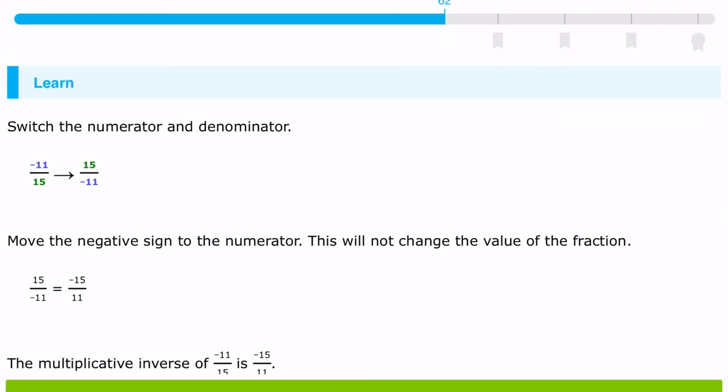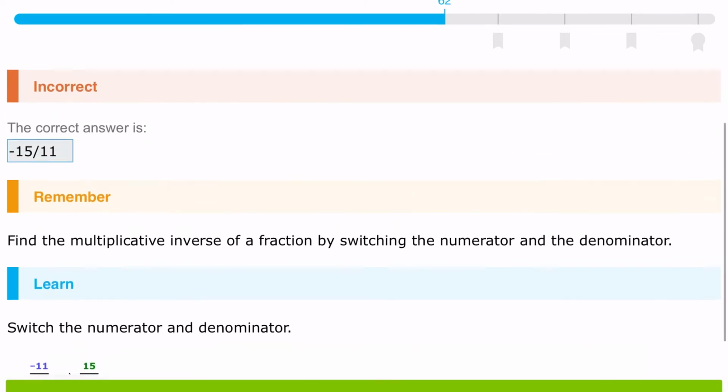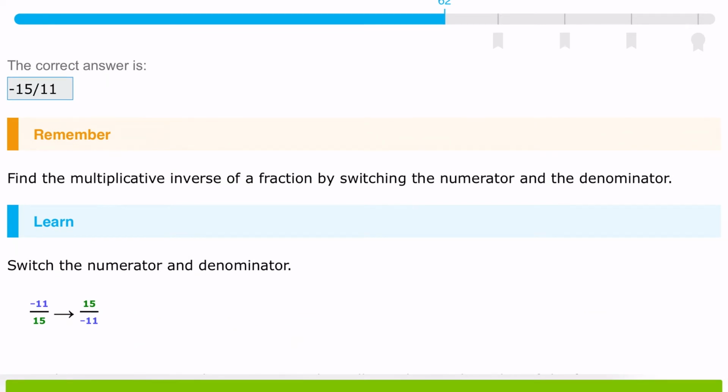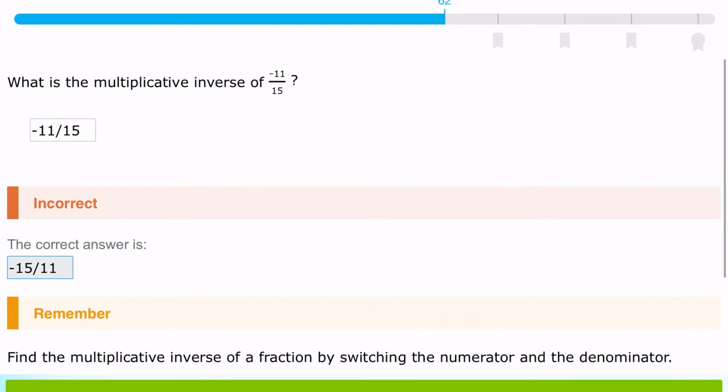Switch the numerator and denominator, move the negative sign to the numerator. This will not change the value of the fraction. This is why I make these videos, to help you so that you don't get these questions wrong when doing the iExcel, and you have done it to the best of your abilities.